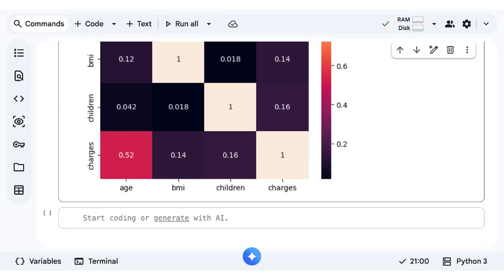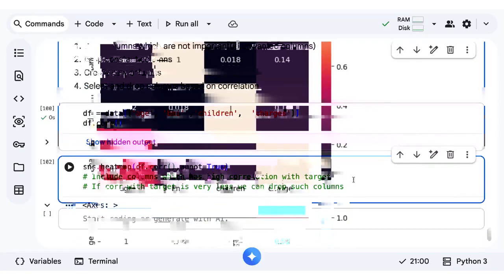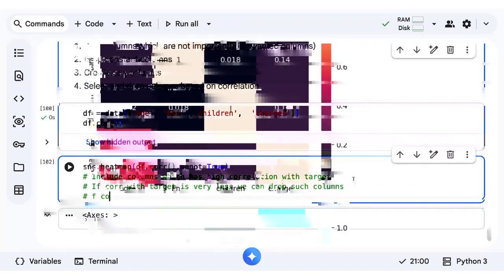Next thing: if correlation between any two numerical variables is high, I'm not speaking about the target now, if correlation between any two input variables is high, let's say you have two columns like square feet and area.